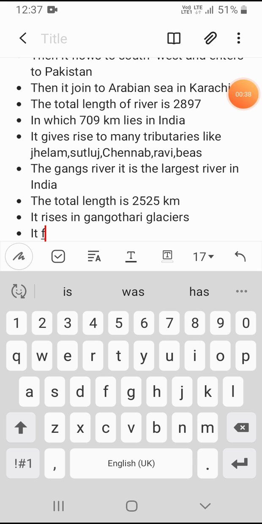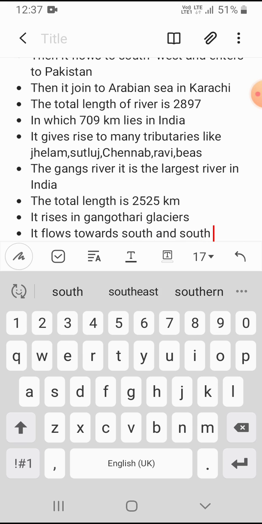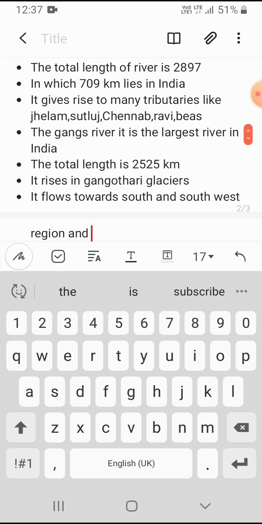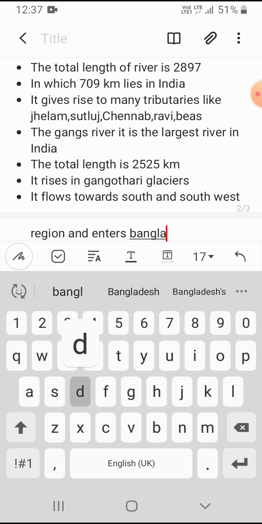It flows towards the south and southwest region and enters Bangladesh.